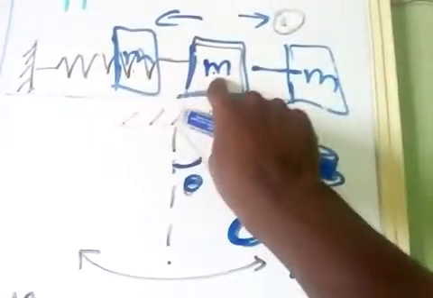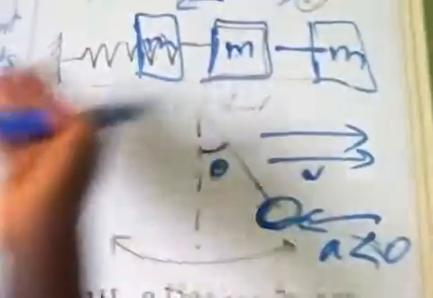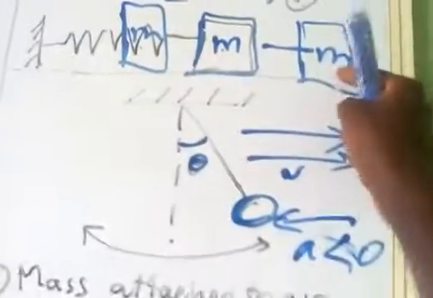Now if you look at the simple harmonic motion here, when the object moves from this point to the right hand side, it's being pulled backward by the spring. So while moving towards the right hand side, the velocity will be decreasing because it's being pulled backward until you get here where you have zero velocity.